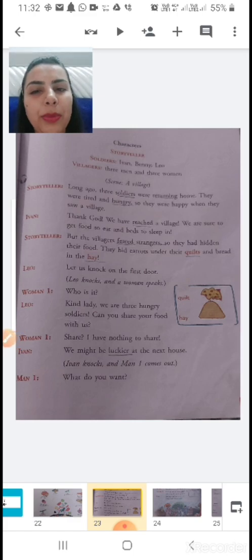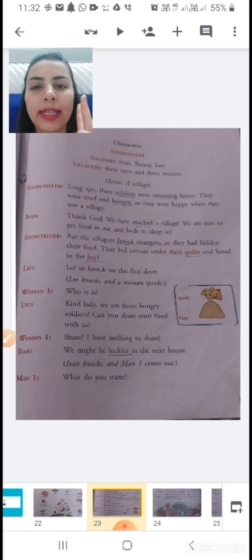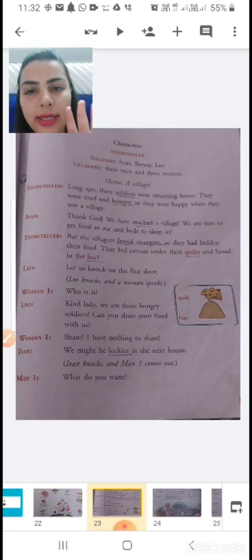So in this chapter basically there are some characters. The first character is the storyteller. One person is the storyteller, and there are 3 soldiers. You know the soldiers? So there are 3 soldiers. One's name is Ivan, second is Benny, third is Leo.